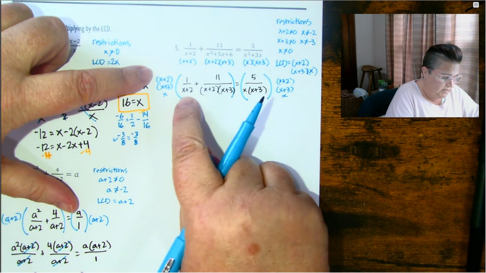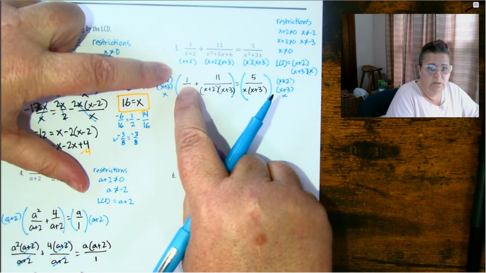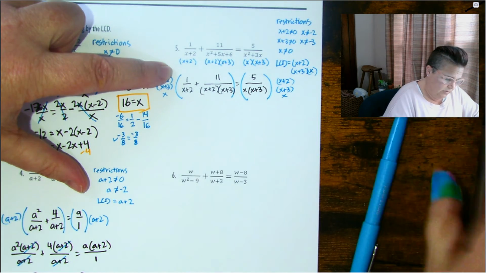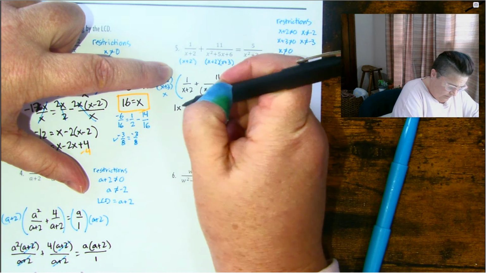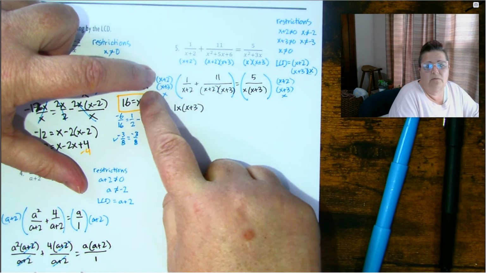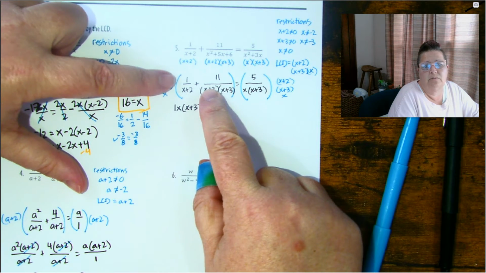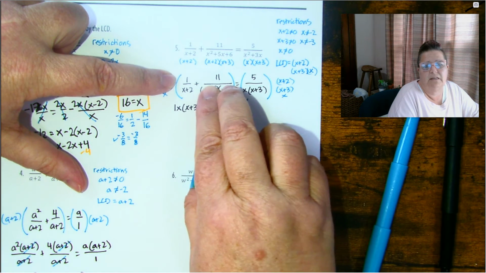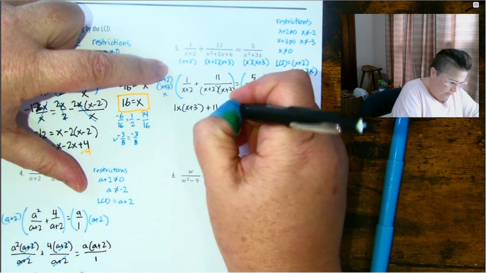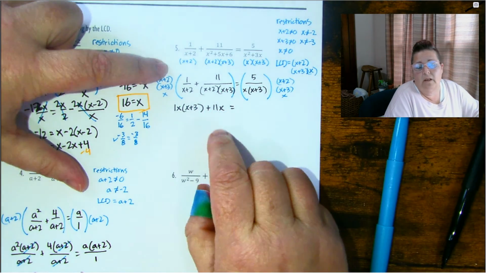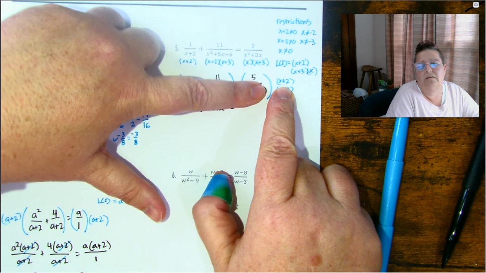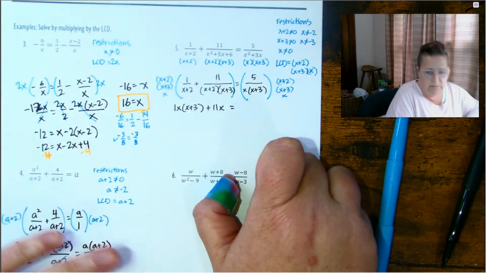So if I multiply this first term, the x plus 2's will cancel, and I'm left with 1x, x plus 3. If I multiply by the second term, the x plus 2, x plus 3 will cancel, and I'm left with a plus 11x. On the other side, the x and the x plus 3 will cancel, and I'm left with 5x plus 2.